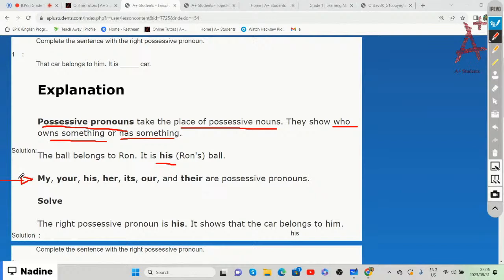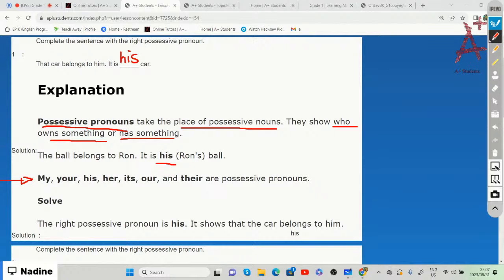All right, so now we're going to complete the sentence with the correct possessive pronoun. The car belonged to him. So if the car belongs to him, then we can say it is his car, because it belongs to him.